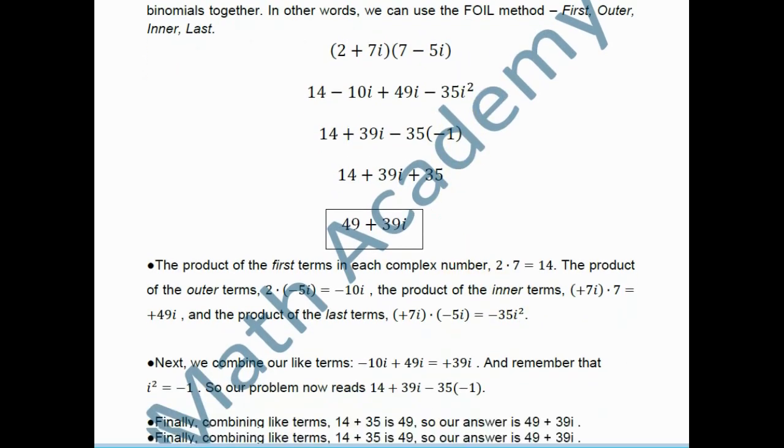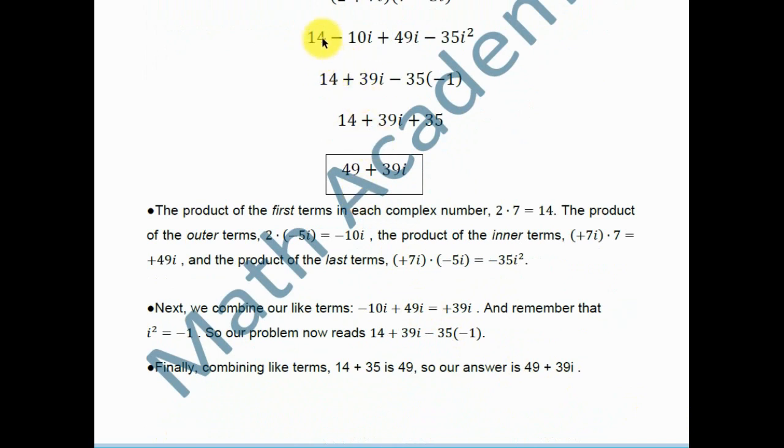Next we combine the like terms, minus 10i plus 49i, and the result is 39i.